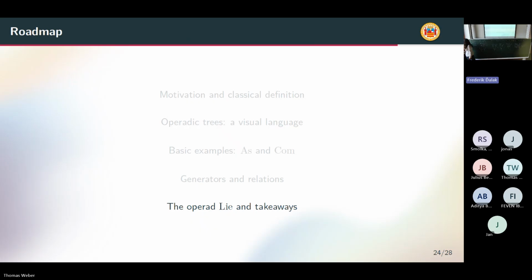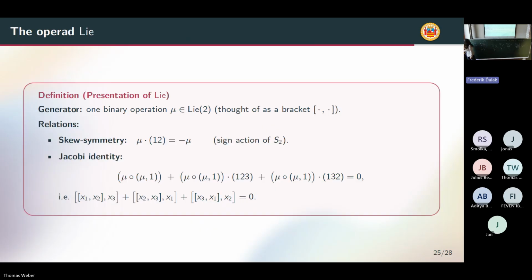Okay, now we are finally able to define the operad Lie. Lie is defined, as I mentioned, by means of generators and relations. Here we have a unique generator, which can be thought of as a Lie bracket, a binary operation, and we have the obvious relations, skew symmetry and Jacobi identity, which are these ones, and they can also be drawn like trees in the obvious way.